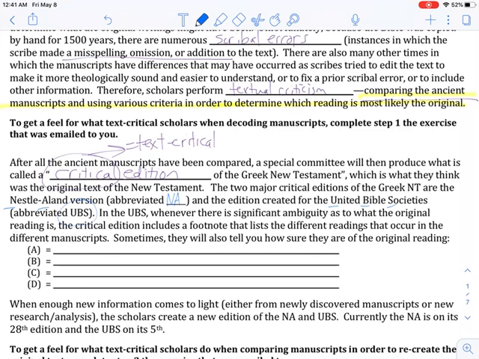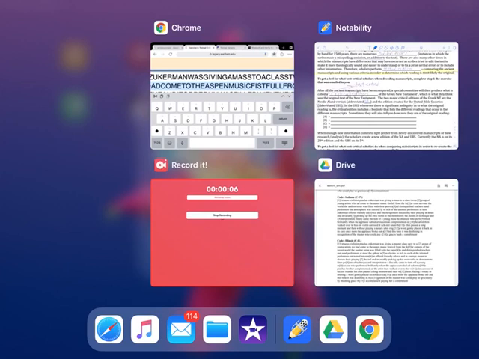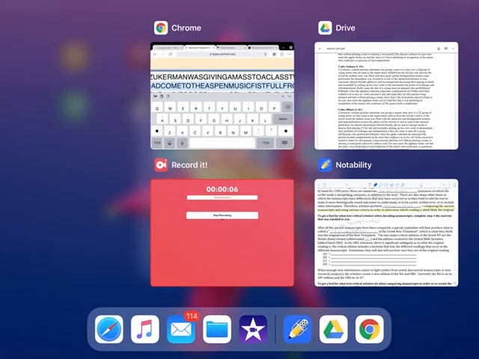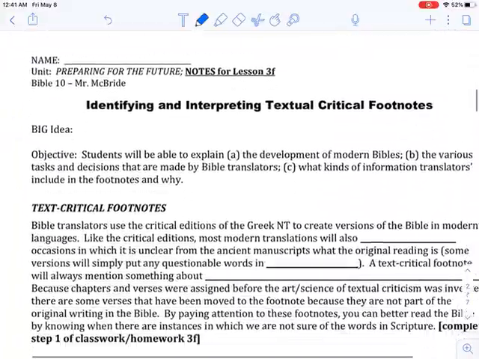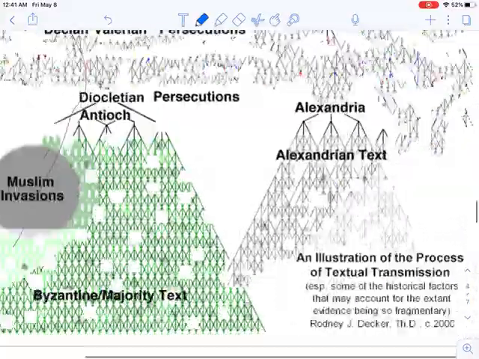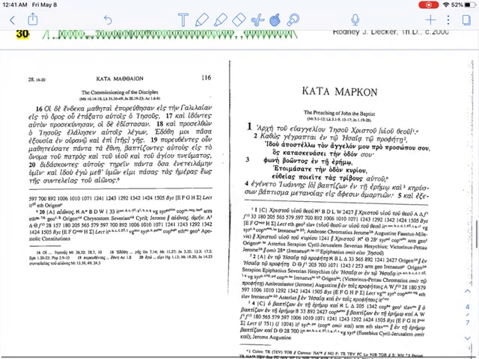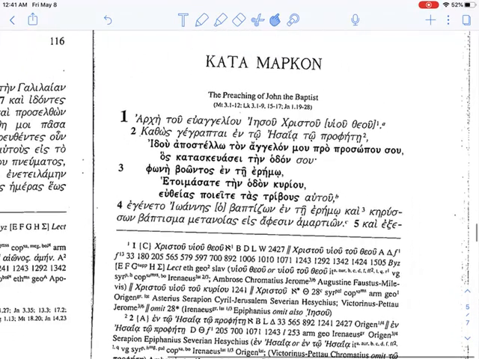And I actually have a copy of the UBS and want to show you a picture of it. So if we scroll down here, here is a copy of the United Bible Society's critical edition of the Greek New Testament. And if you notice here, this is the beginning of Mark chapter 1.